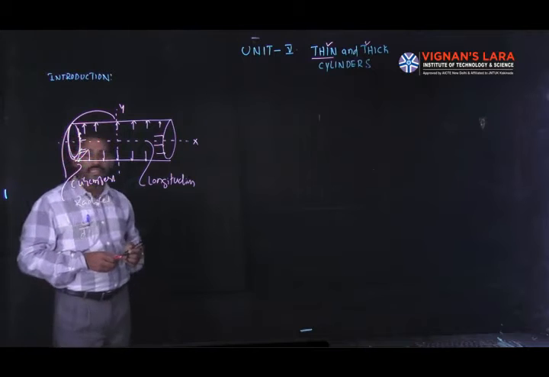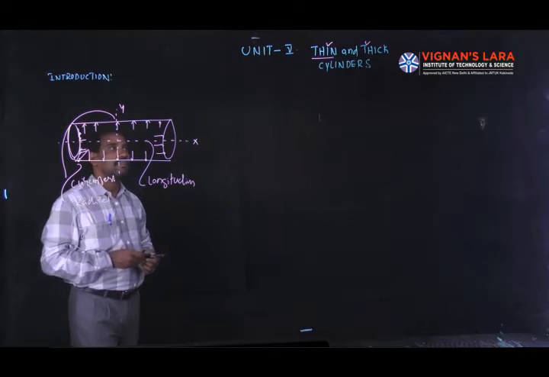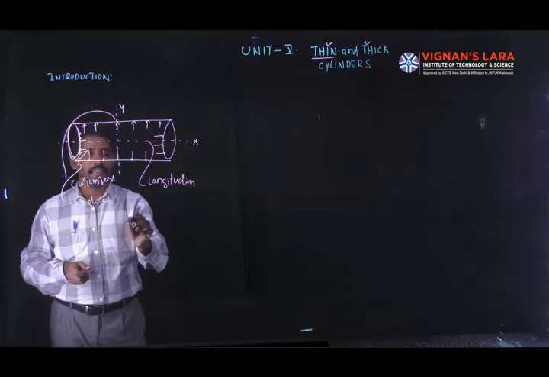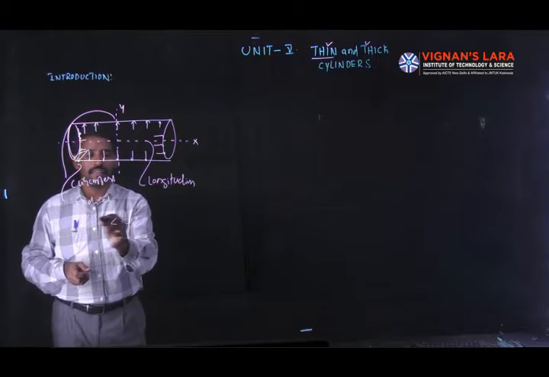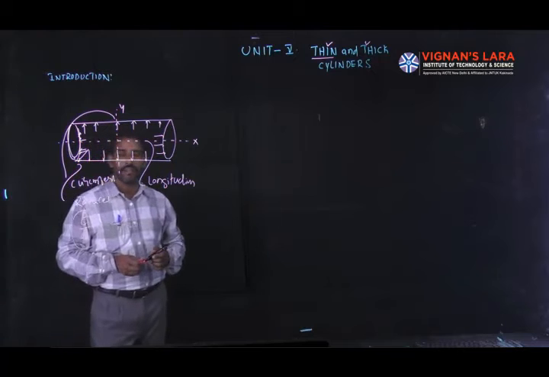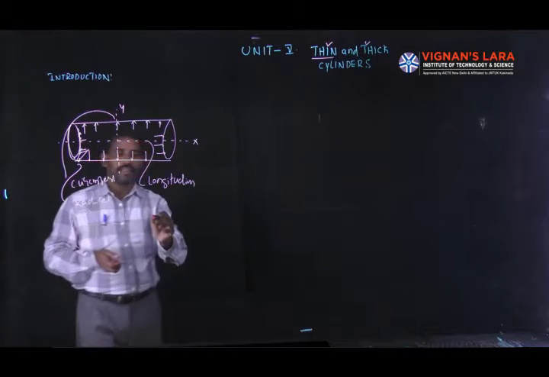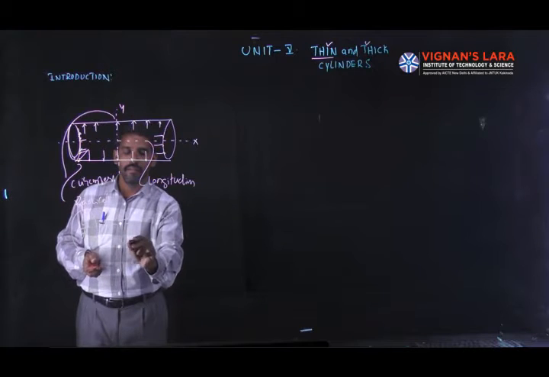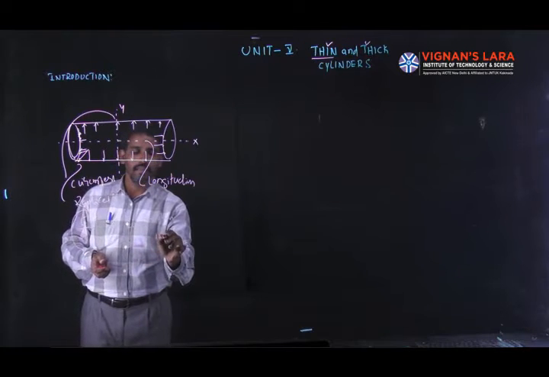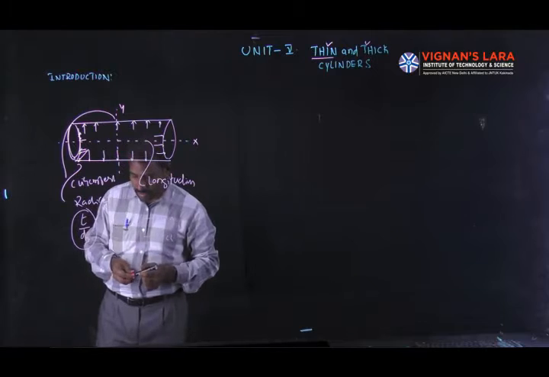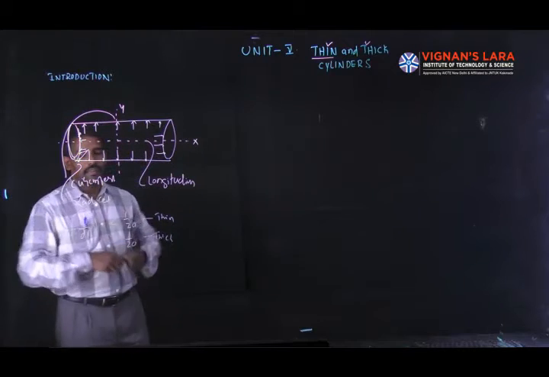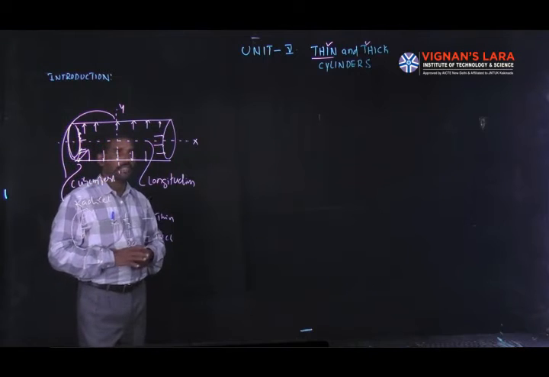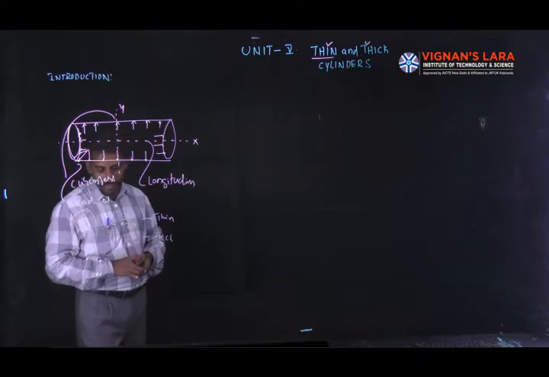If t by d is less than 1/20, it is called thin. If it is greater than that, it is called thick. Simply based on the ratio of thickness to diameter of the cylinder, they are classified as thin and thick cylinders.